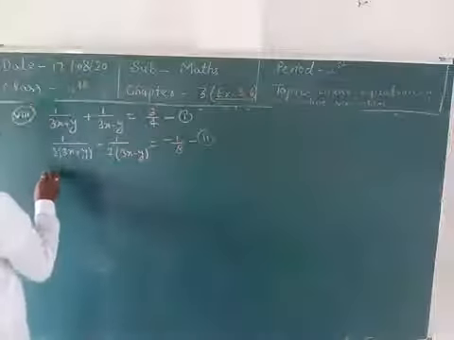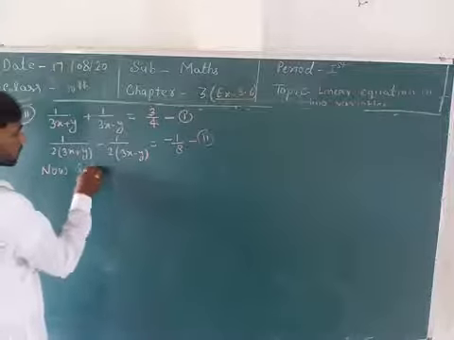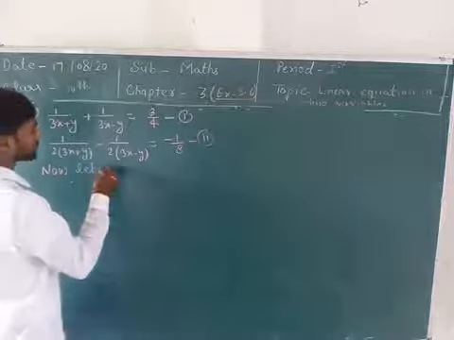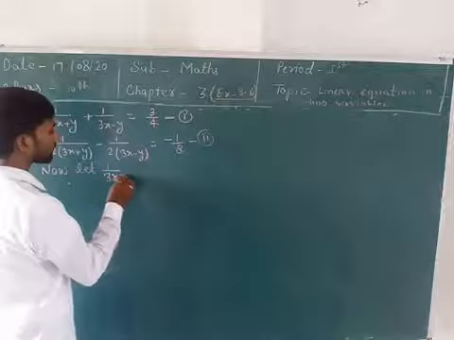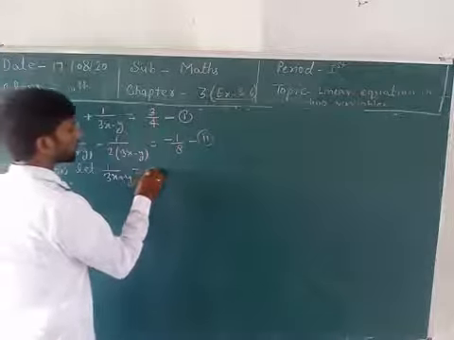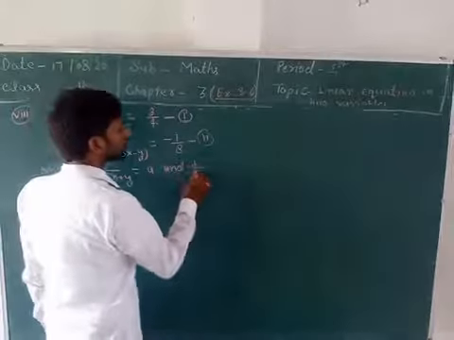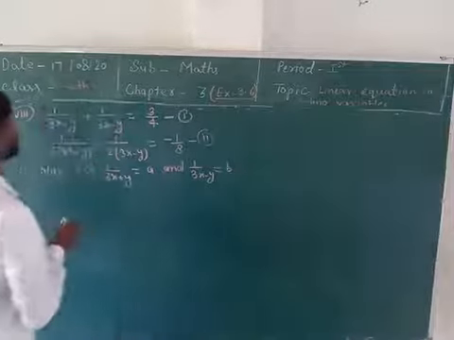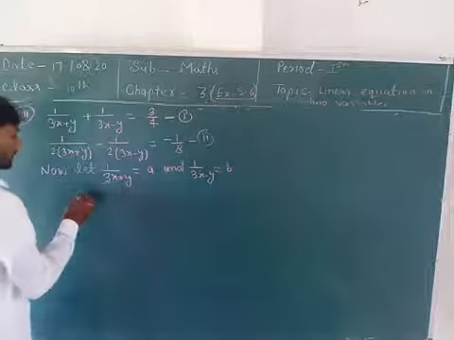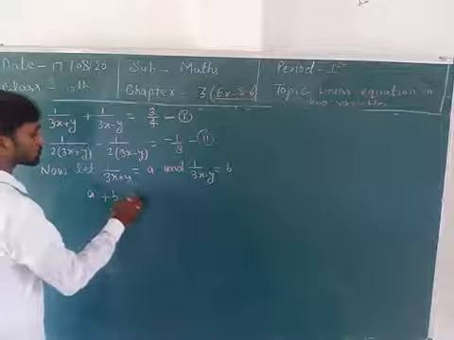Now let 1 upon 3x plus y equal to a and 1 upon 3x minus y equal to b. Then from equation 1, a plus b equal to 3/4.